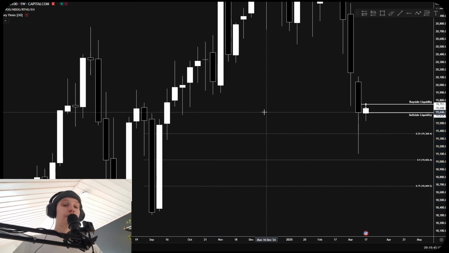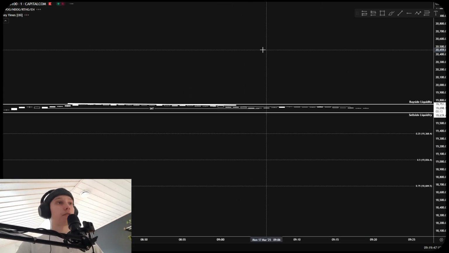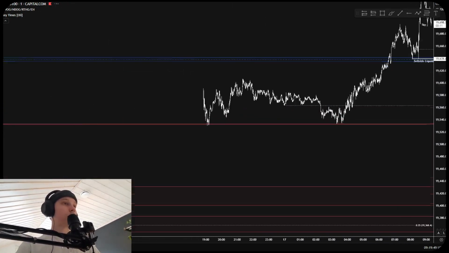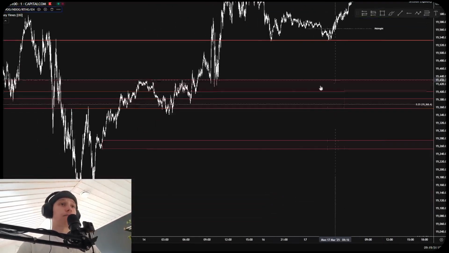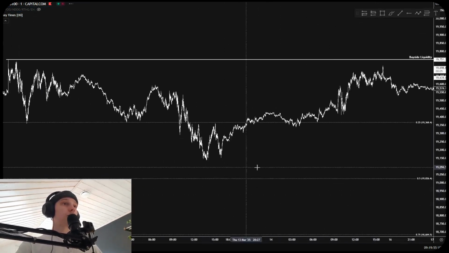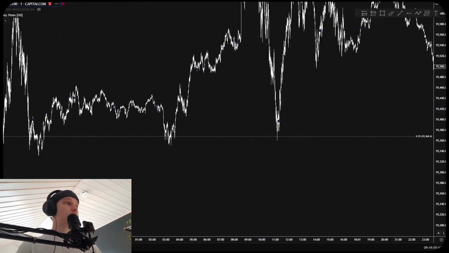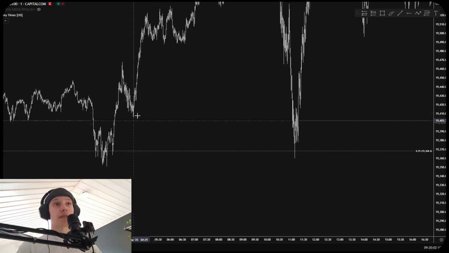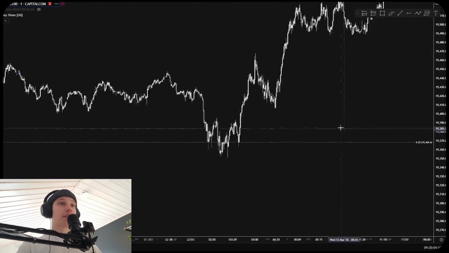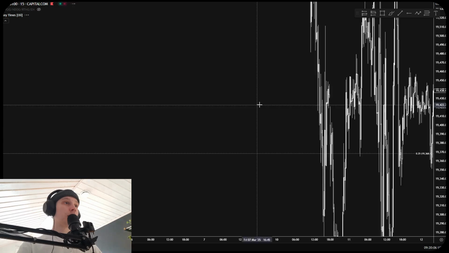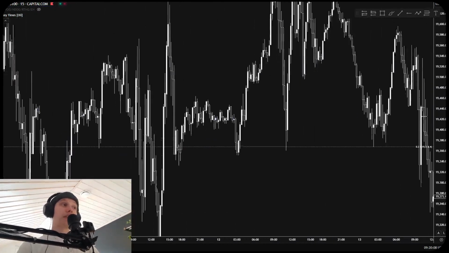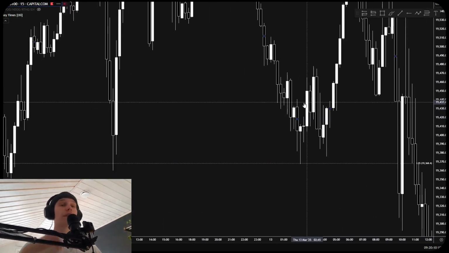And so these large areas, I like to go with the quadrants, and let's just remove this for clarity. So you can see how we are acting around the upper quadrant. We always come to that and reject, and this is totally not random.